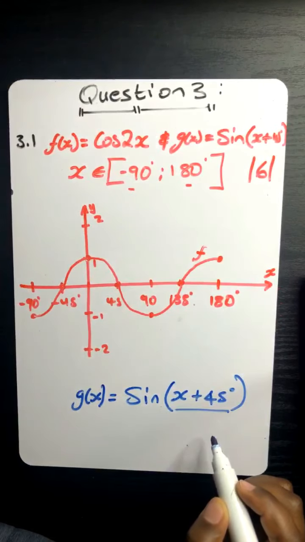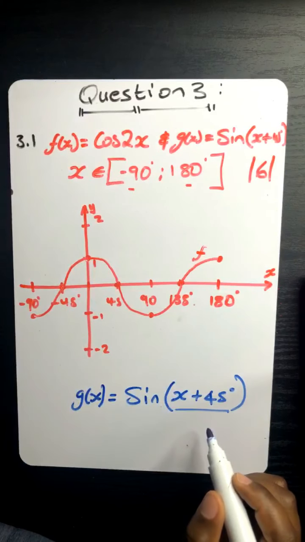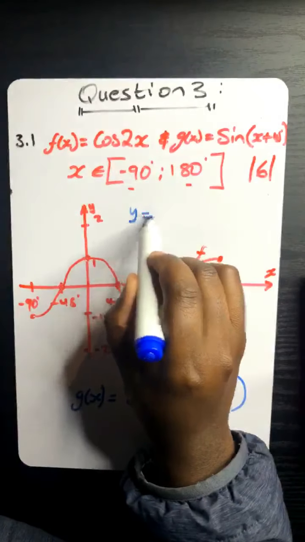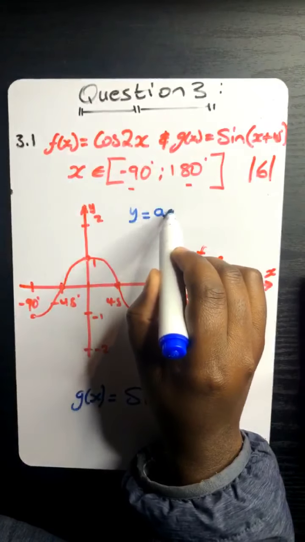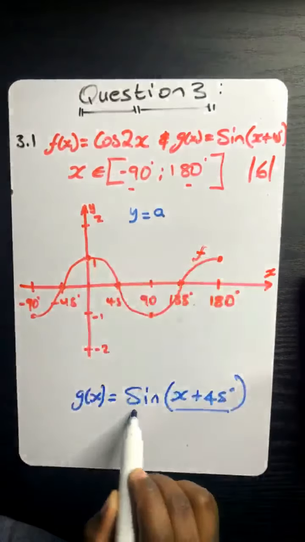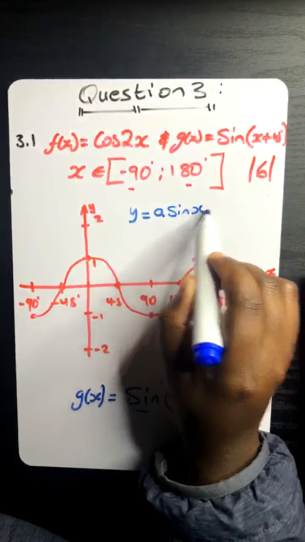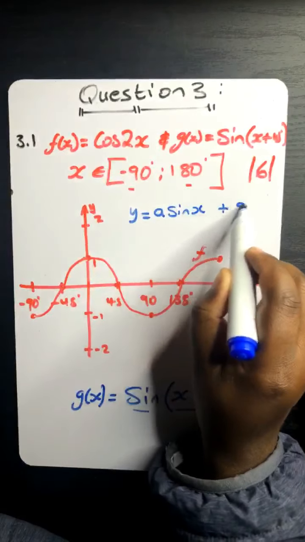Ladies and gentlemen, remember the general formula of a trig function. It's in the form of y equals a sine of the angle plus q.